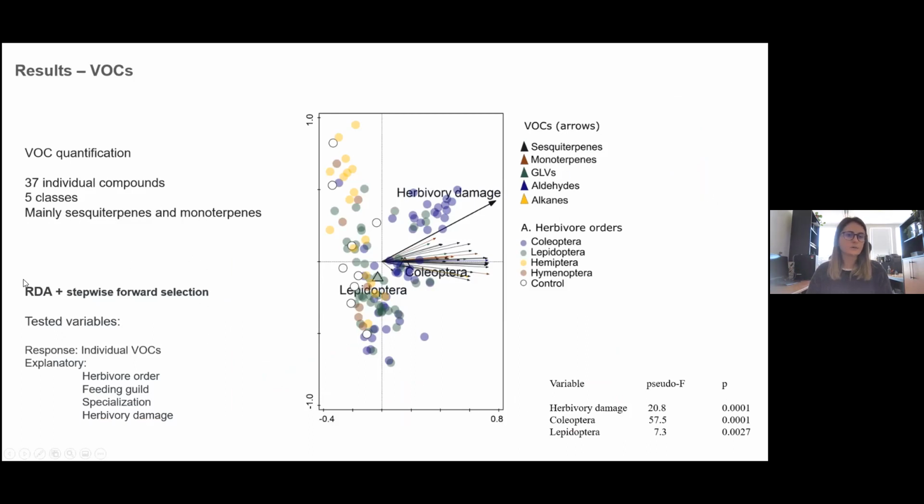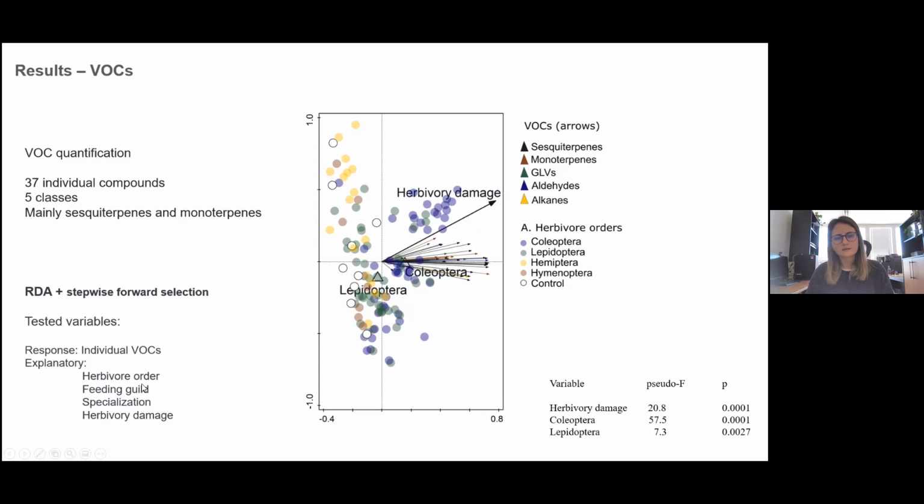So we perform a redundancy analysis with stepwise forward selection, and we use the individual VOCs, which are represented here by the arrows, as response variable, and then we use the explanatory ones: herbivore order, feeding guild, specialization, and also the herbivory damage.